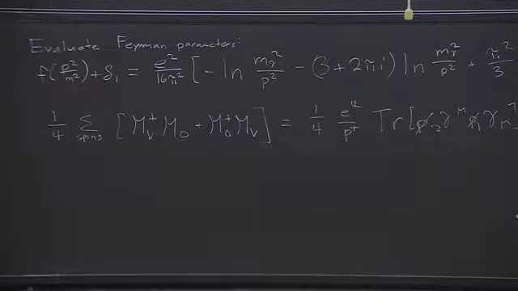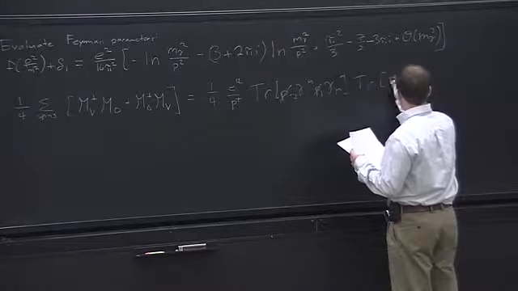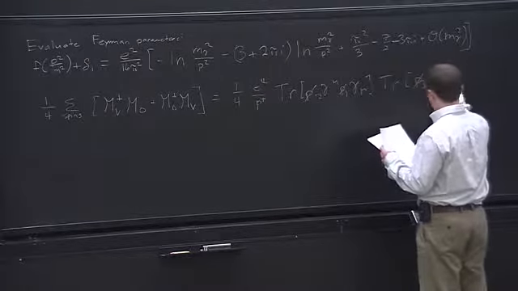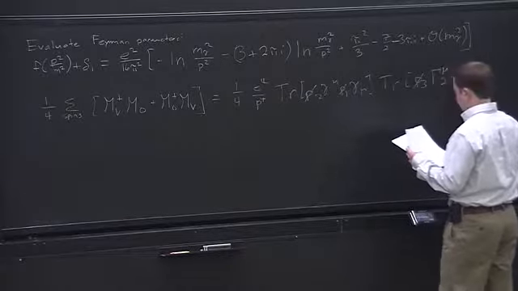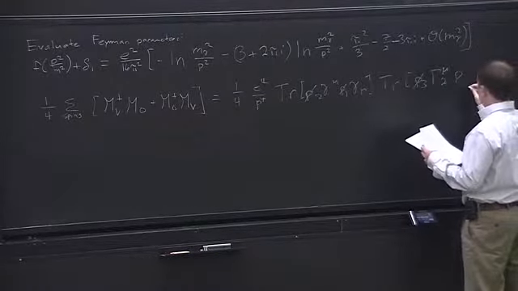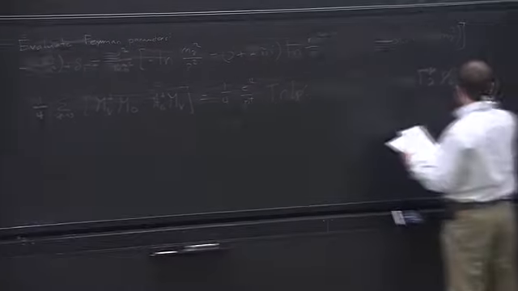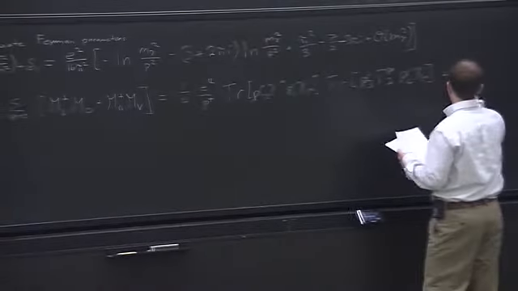And for the muon line, we'll get one factor of gamma 2, another factor of P4 slash gamma mu, plus the complex conjugate.